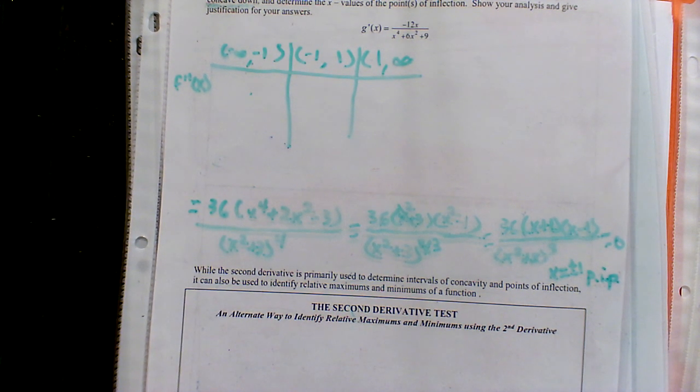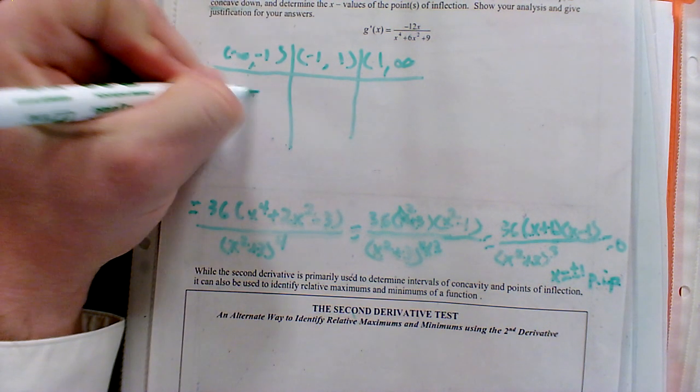We don't care exactly what the answer is, but is your answer going to be positive or negative? So take a minute, plug a number within that interval in, and determine whether you get a positive or negative answer. Okay, you do get a positive answer.